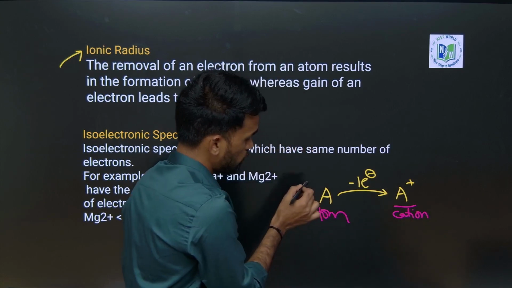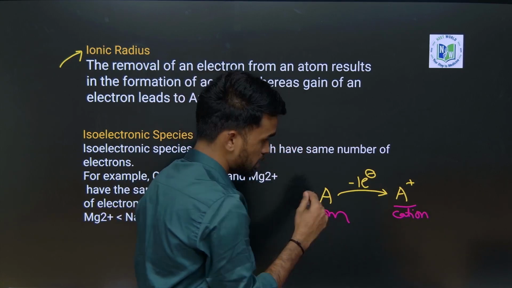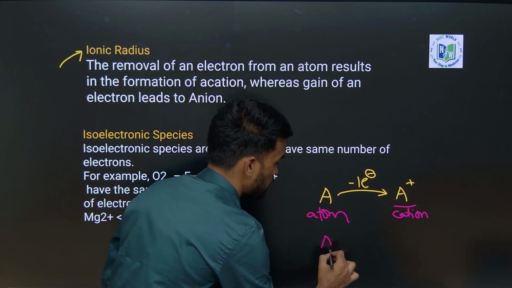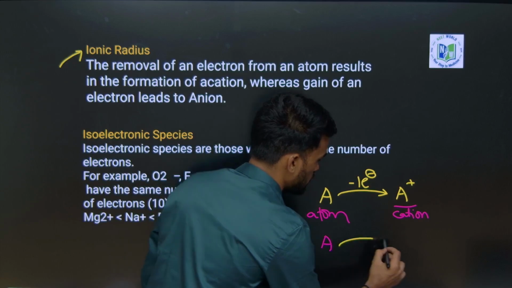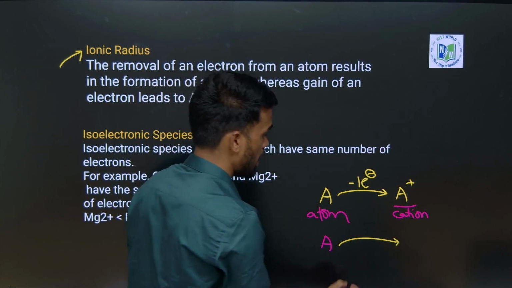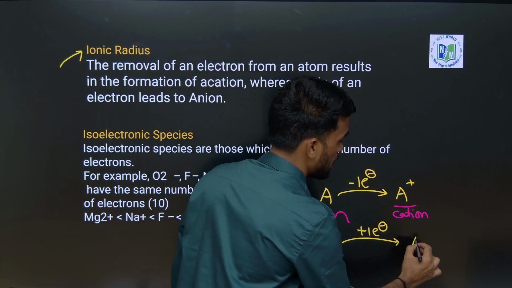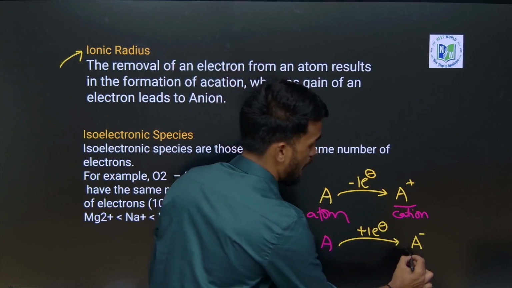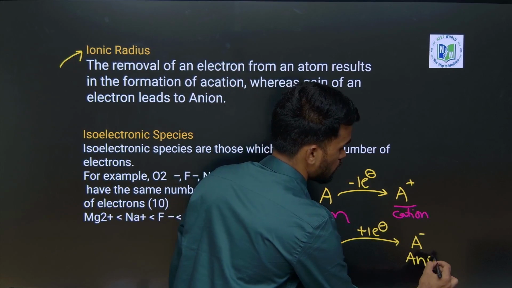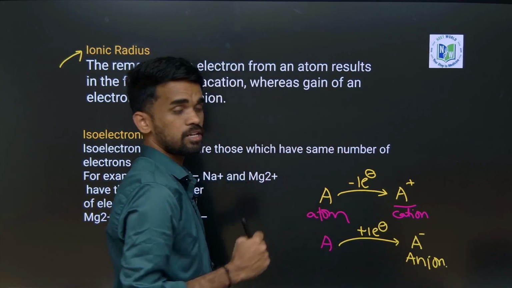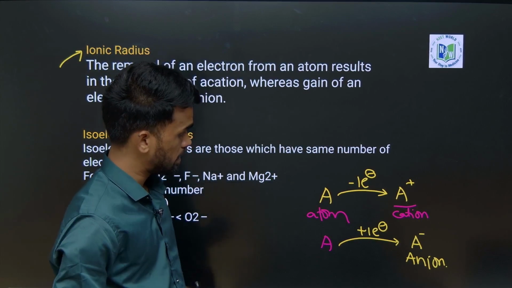Now from the same atom A, I am adding one electron. Now what happens? It becomes A minus. It means it is an anion of this atom. I hope this is clear what I did here.